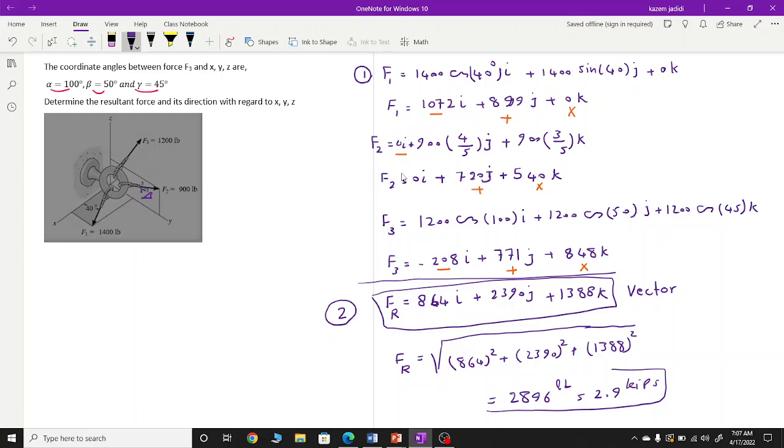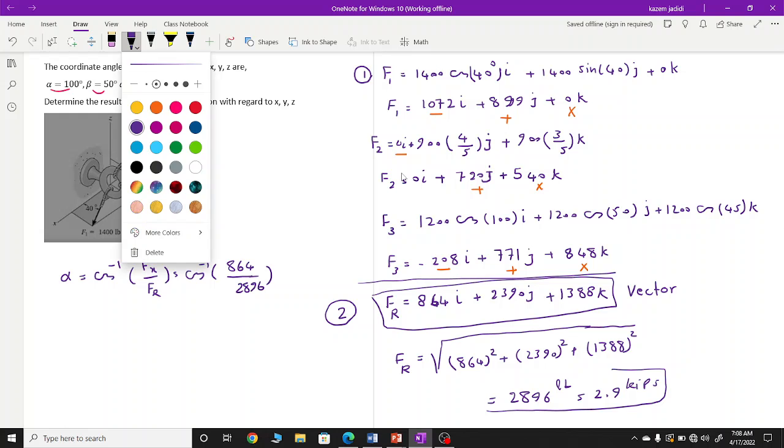Now, it's asking for the direction of the force. So direction of the force means finding alpha, beta, and gamma. Alpha is cosine reverse of Fx over FR, and that's equal to cosine reverse of 864 divided by 2896.